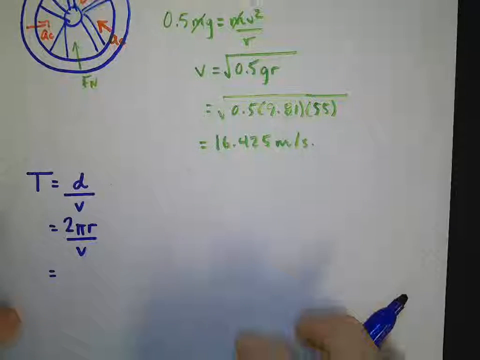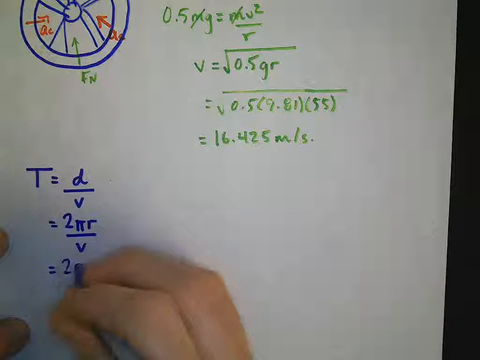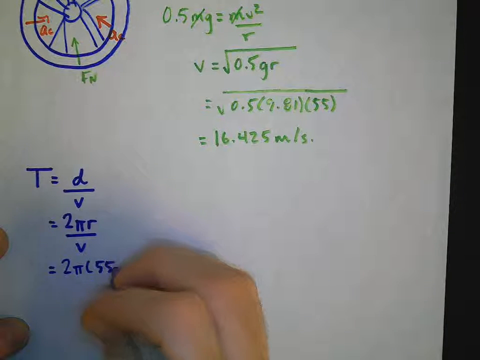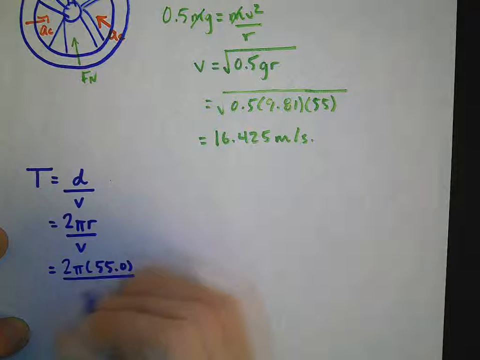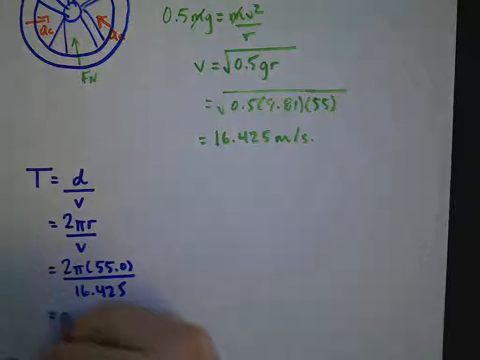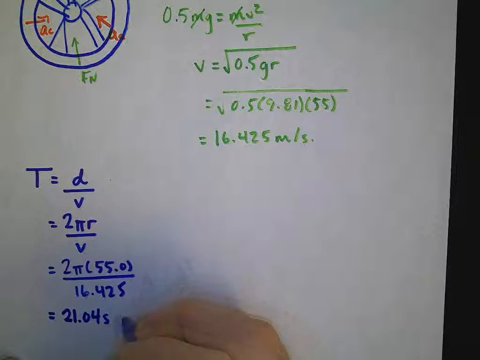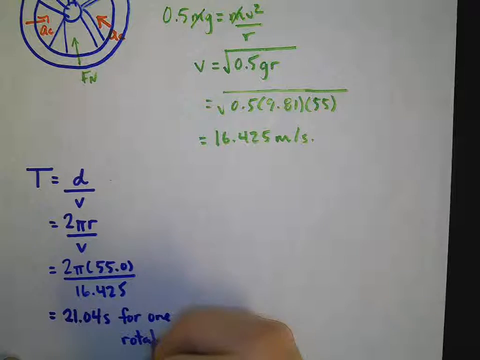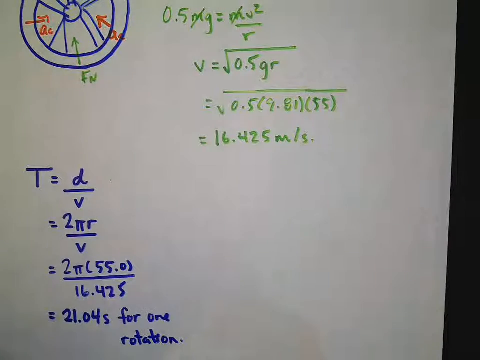Making these substitutions, 2 pi times 55.0 all over that speed of 16.425 tells us that it takes approximately 21.04 seconds for one rotation around this space station.